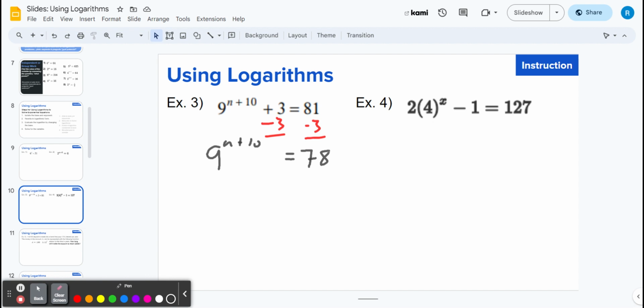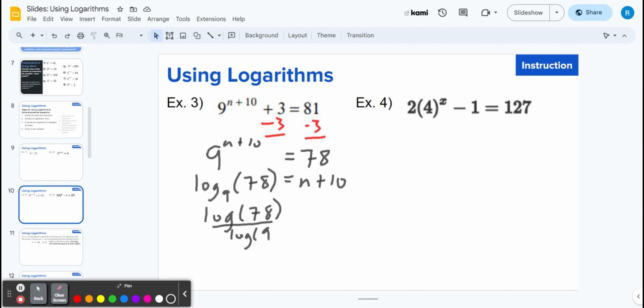Okay, then we can take that to logarithmic form. So we can go log base 9 of 78 equals n plus 10. We can rewrite by changing the base, so log of 78 divided by log of 9 equals n plus 10.